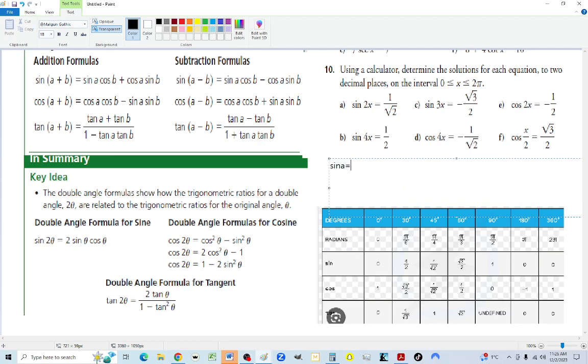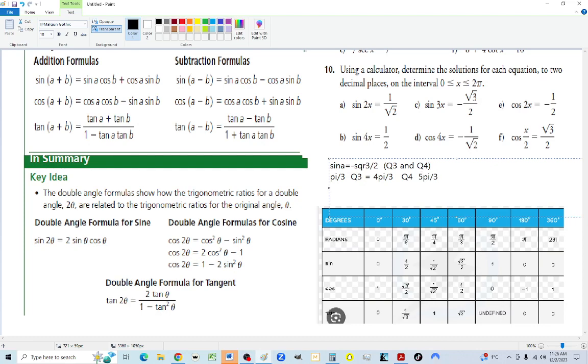Well, if sine A is equal to negative square root of 3 over 2, we're talking about quadrants 3 and 4. And if we look down, square root of 3 over 2 for sine is pi over 3. In quadrant 3, that is 4 pi over 3. And in quadrant 4, that is 5 pi over 3.